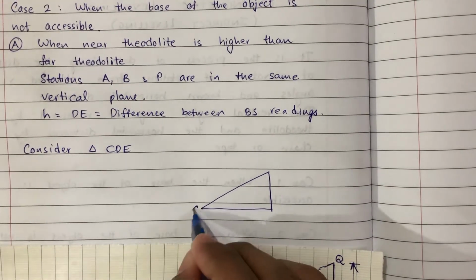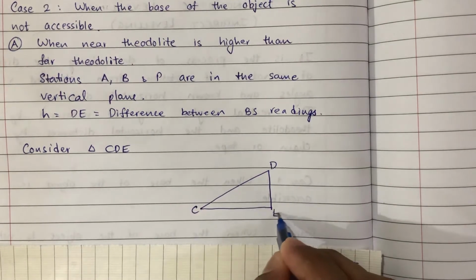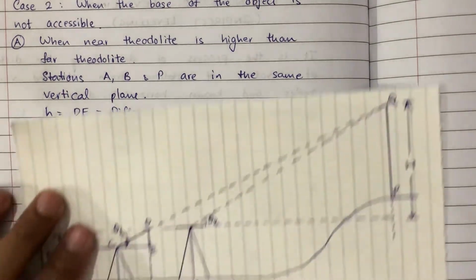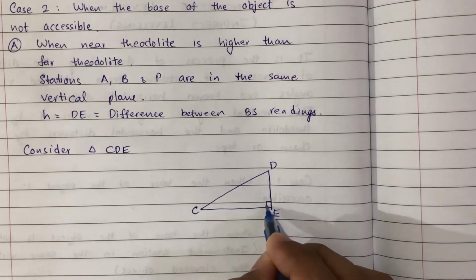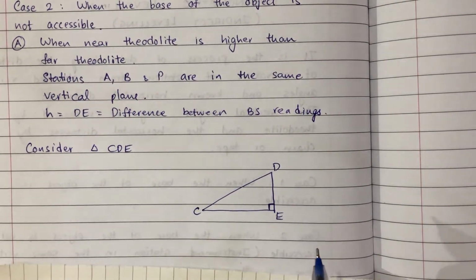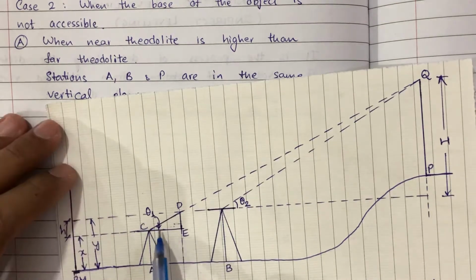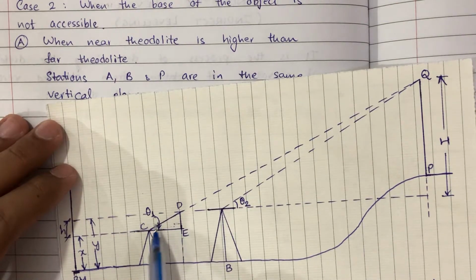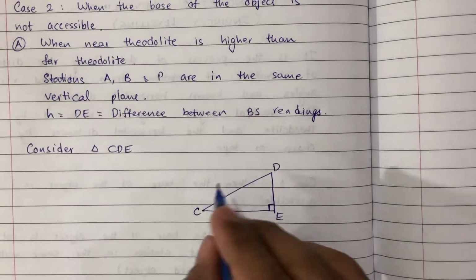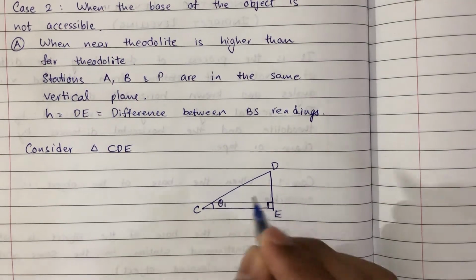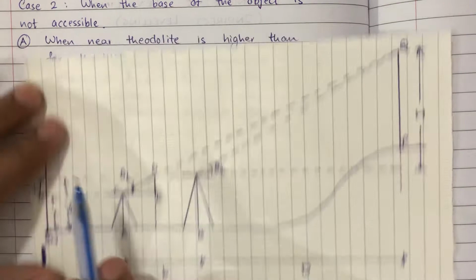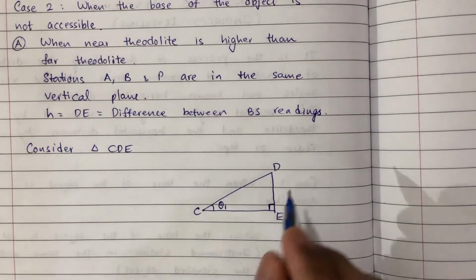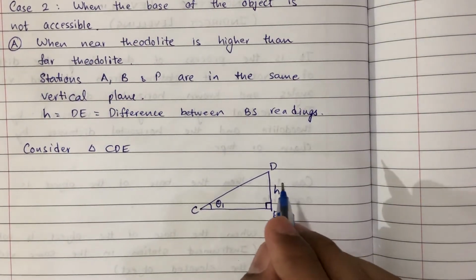This is CDE and it is at right angle over here. This angle is given as theta 1, and this DE is given as h itself. So h is equal to DE.